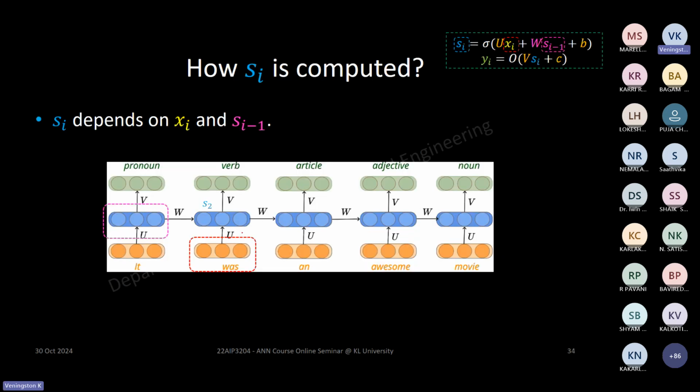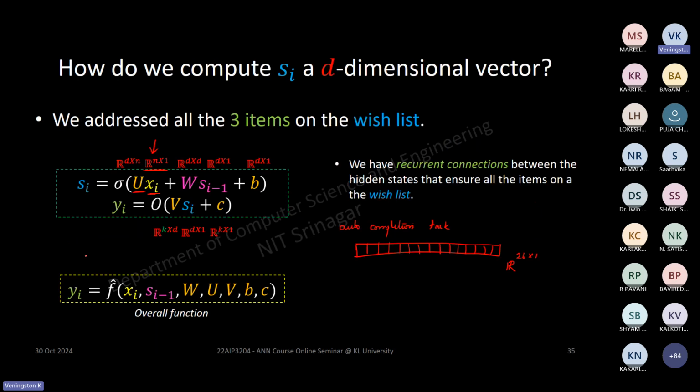And then the dimension of u is going to be determined by the number of hidden units we have. Let's say the number of neurons in this hidden layer is d. So n is the dimension of the input, and d is the number of hidden units in the hidden layer, so the dimension of u is going to be R^(n cross d).